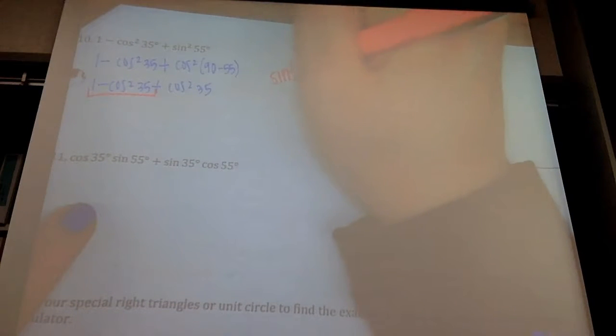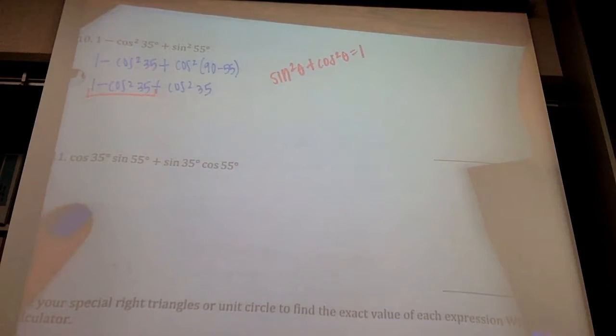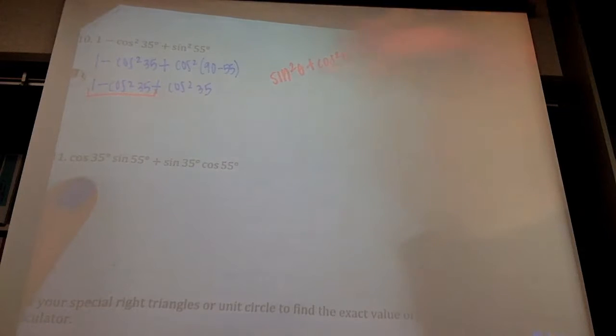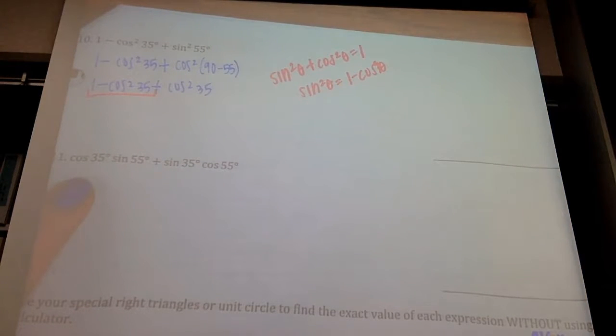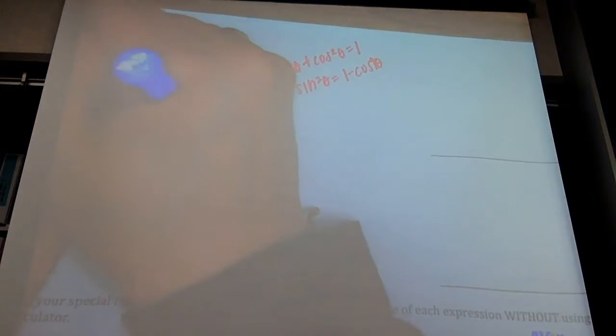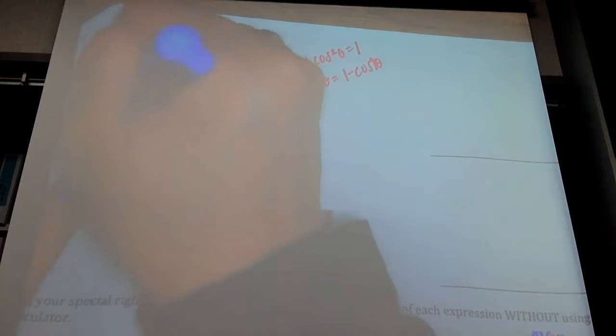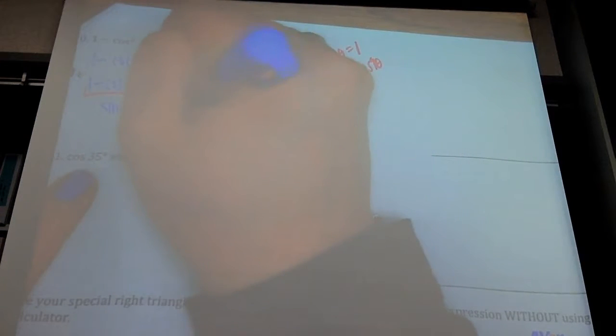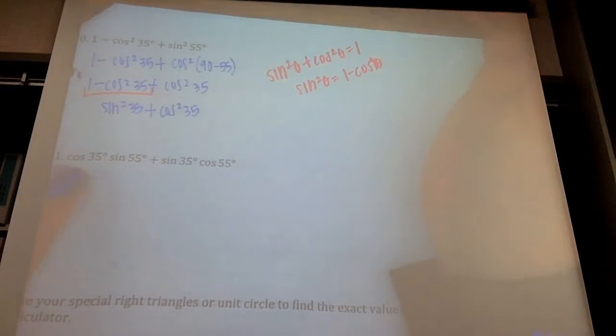Another thing you could have done is recognize that sine squared theta plus cosine squared theta equals 1. So if I move the cosine squared theta over to this side, I have sine squared theta equals 1 minus, voila, cosine squared theta. Again, I can use substitution, and I know 1 minus cosine squared 35 is the same as sine squared 35, and bring down that cosine squared 35.